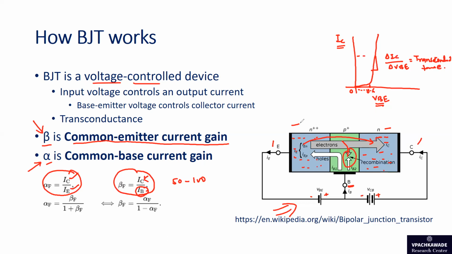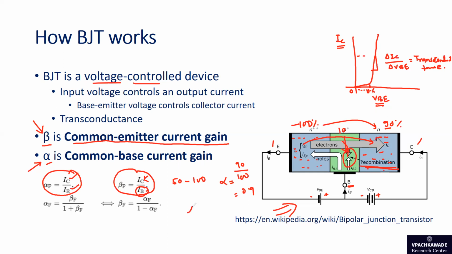Usually, let's say you have 100% of electrons and 90% of them reach the collector region, and 10% get lost during the recombination process with the holes in the p-type semiconductor. So the alpha would be 90 over 100, so it is 0.9.